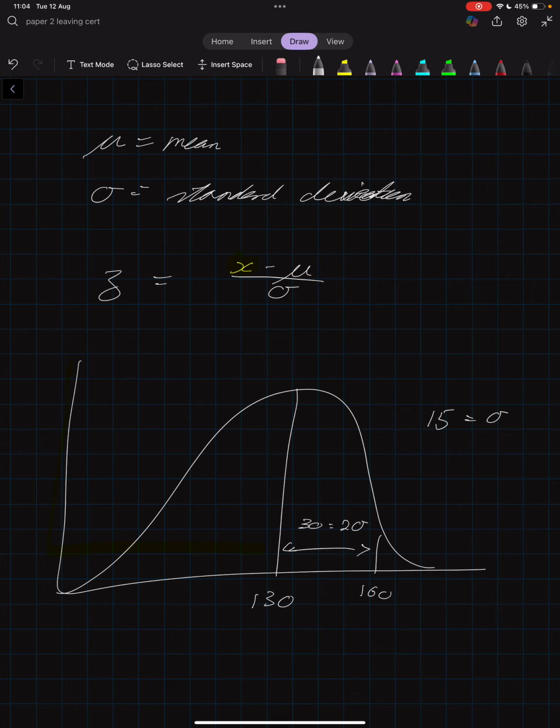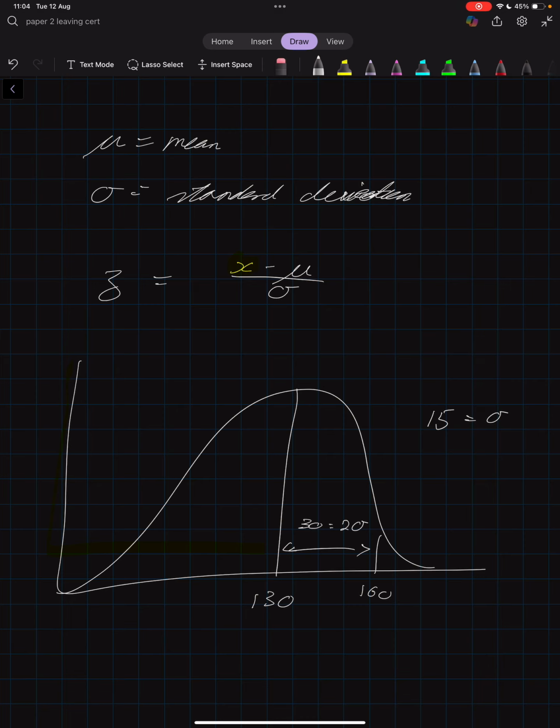So this would be 2 standard deviations away. Okay, so that's what a z-score actually is. It's just how many standard deviations you are away from the mean. Now, this is all grand, and it's for a population, which is very important.